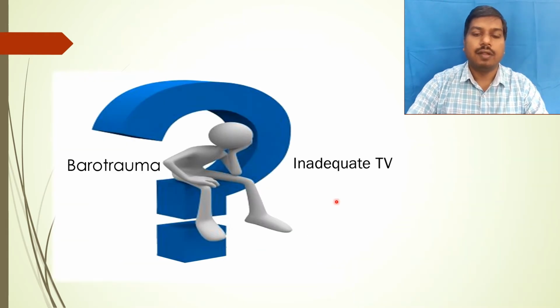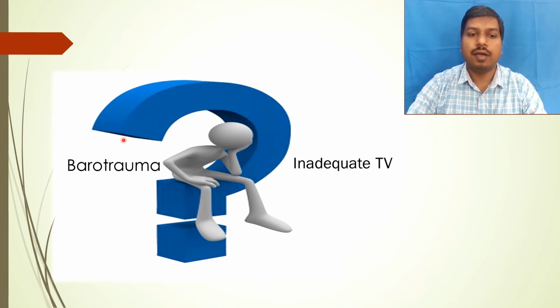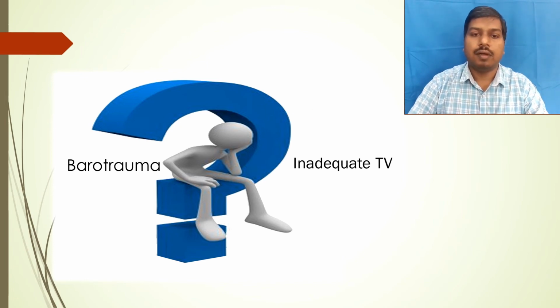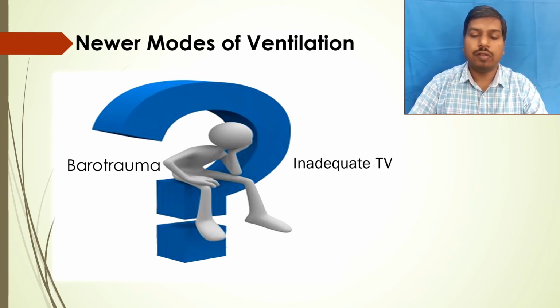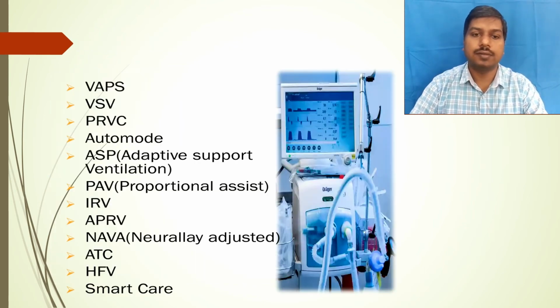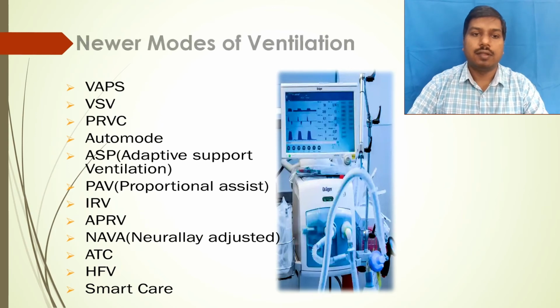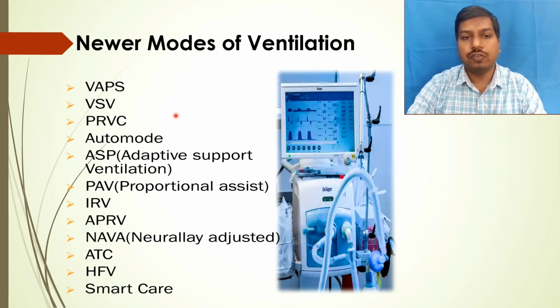So again, in all these modes, there is either barotrauma or inadequate tidal volume delivery. So later, many new modes of ventilation came to meet both requirements. There are different newer modes of ventilation.